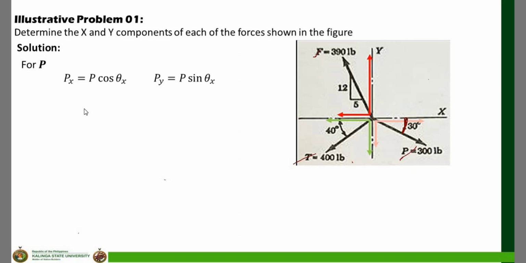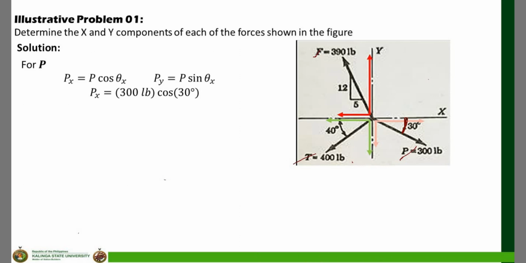Let's start with Px. The value of P is 300, and you multiply that by cosine of 30 degrees. My answer here is positive. Why positive? Px is the force along the x-axis, so we can only choose either right or left.